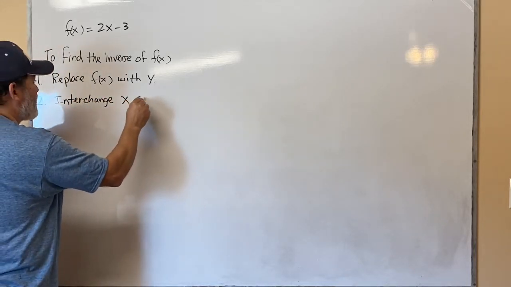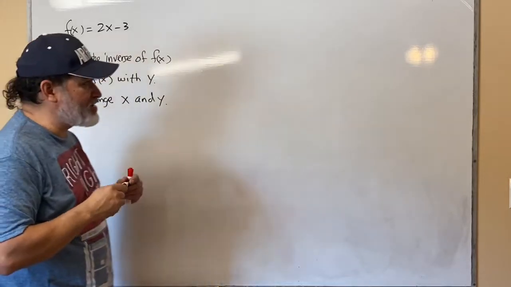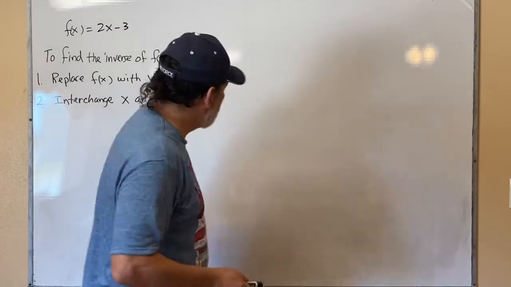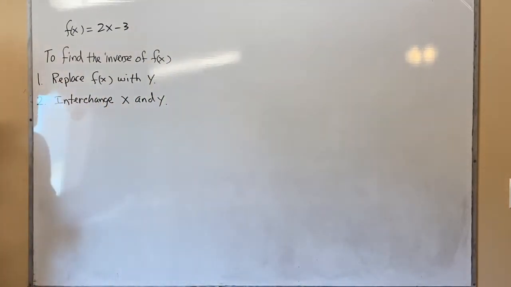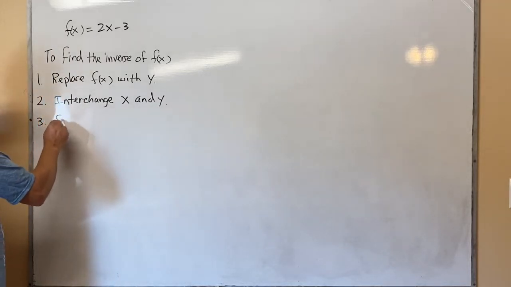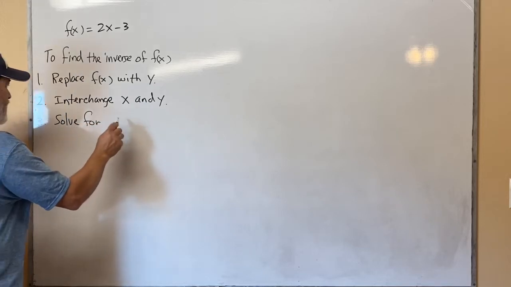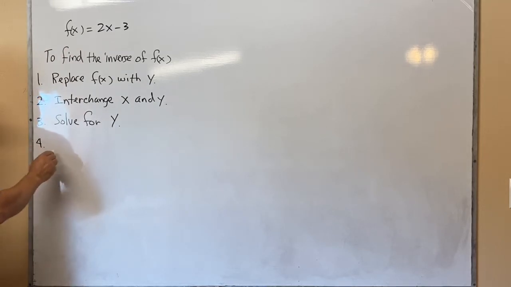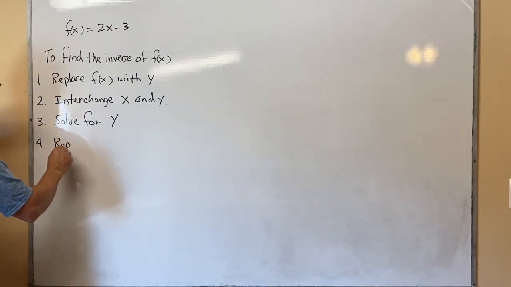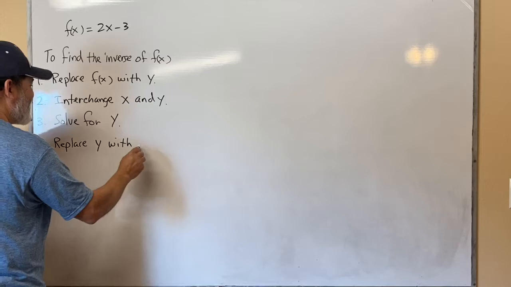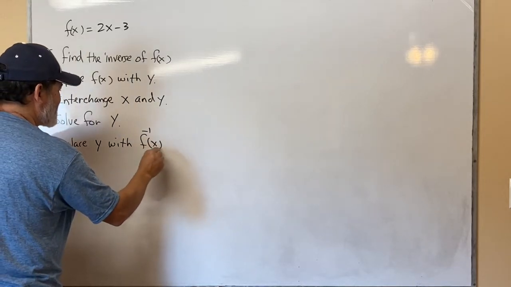We have to interchange because the coordinates, when we found the inverse, the coordinates interchanged. 3, solve for y. 4, replace y with f inverse of x.